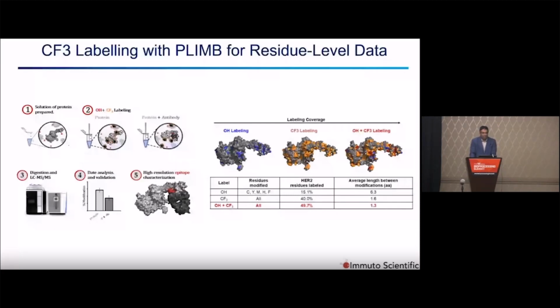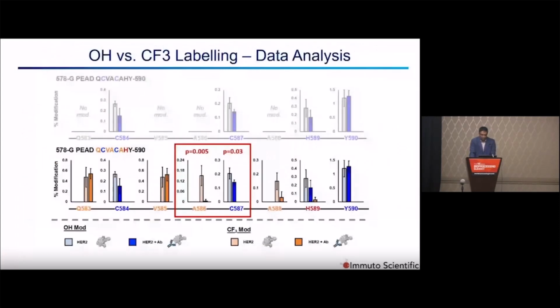It is when we need more granularity, like the epitope mapping experiments shown here, where we've combined hydroxy labeling as well as CF3 labeling to look at the epitope of HER2, one of the 3 loops, where we can see that there is a statistically significant difference in certain residues, alanine 586 and cysteine 587, which were identified by 2 different types of modifications.